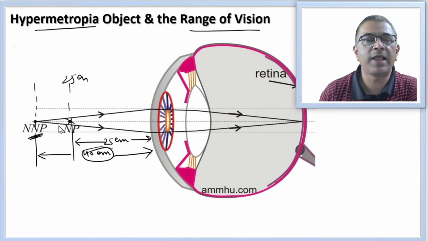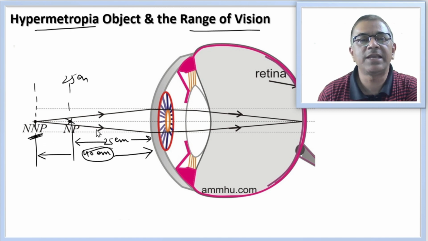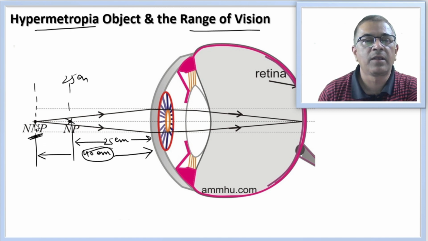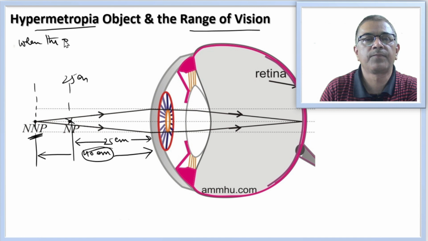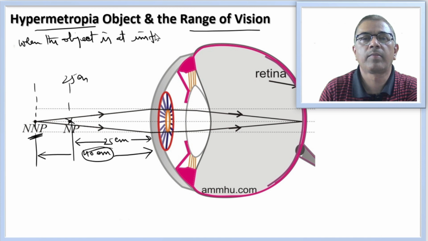Now let us try to calculate the power of accommodation in this case. When the object is at infinity, u is equal to minus infinity and v is equal to plus 2.5.